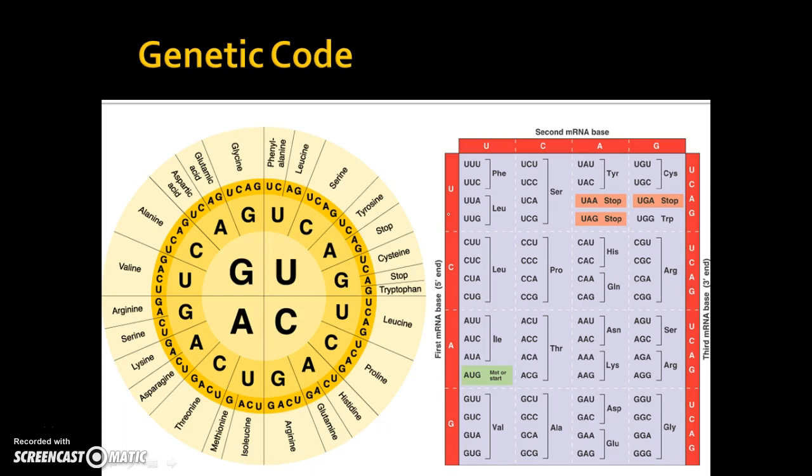Now we need to read the genetic code. There are a couple of different types of charts that I will give you to read the genetic code, and we're going to read in a sequence of 3. So if we have a messenger RNA molecule AUG CCC UGU CAU, let's start with that.